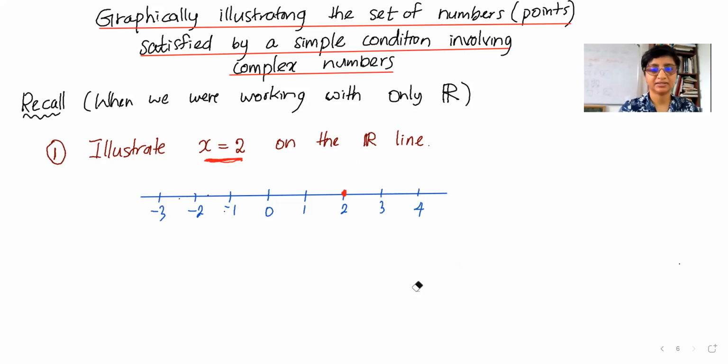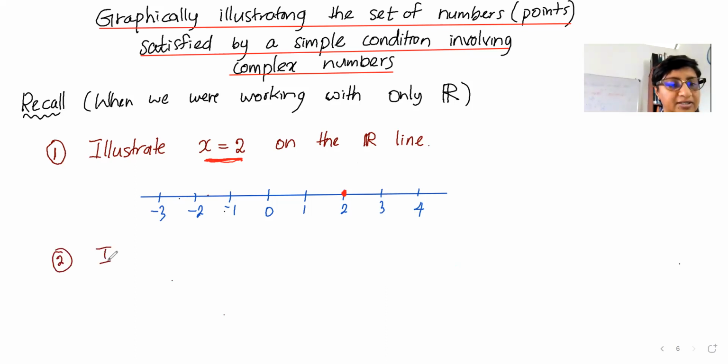Is this clear? Can you do this? Illustrate. Number 2. Illustrate X. I'll write the condition in a different color just to highlight it. Here it was X is equal to 2. Can you do X is greater than 2?